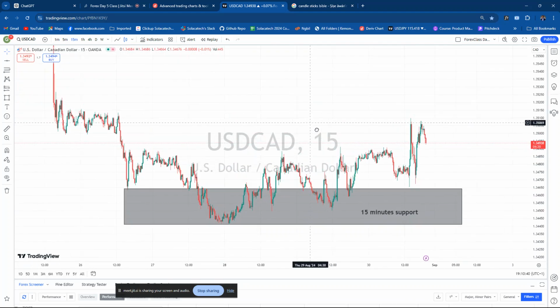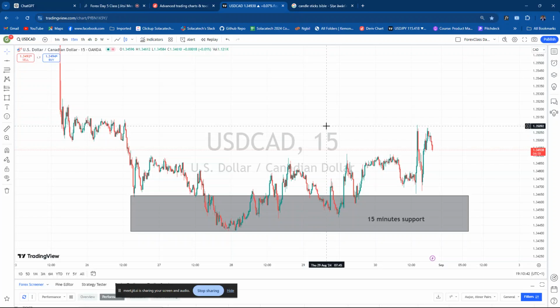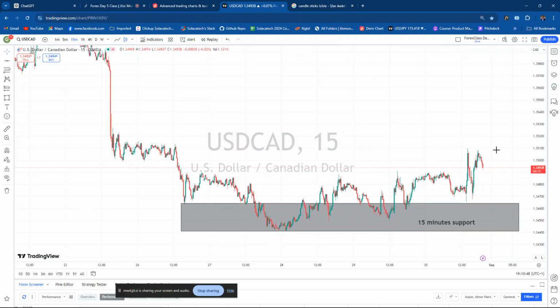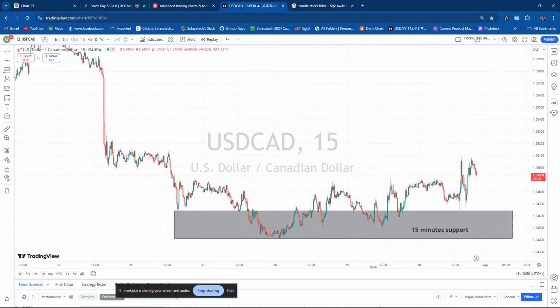All right. So we equally have what they call the support and resistance zone. These are zones I'm bringing out to you. So what is the support and resistance zone?